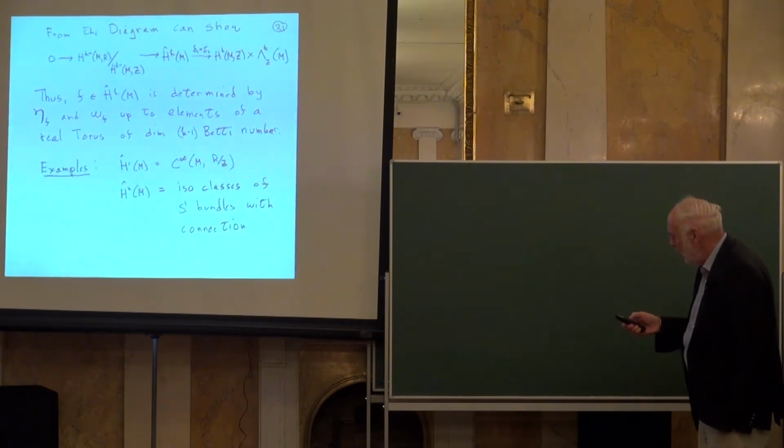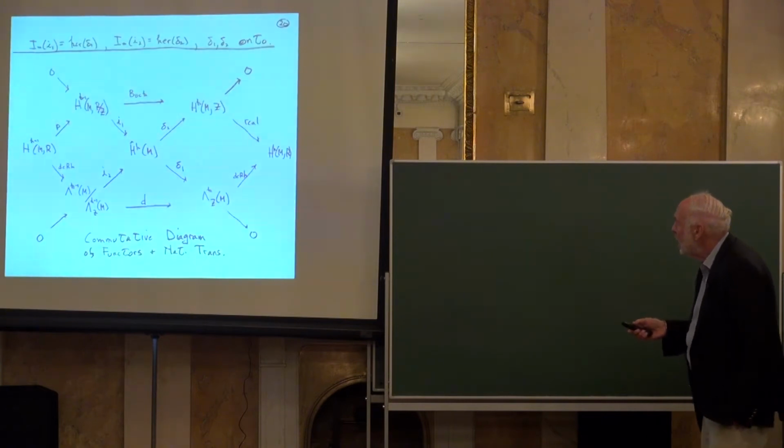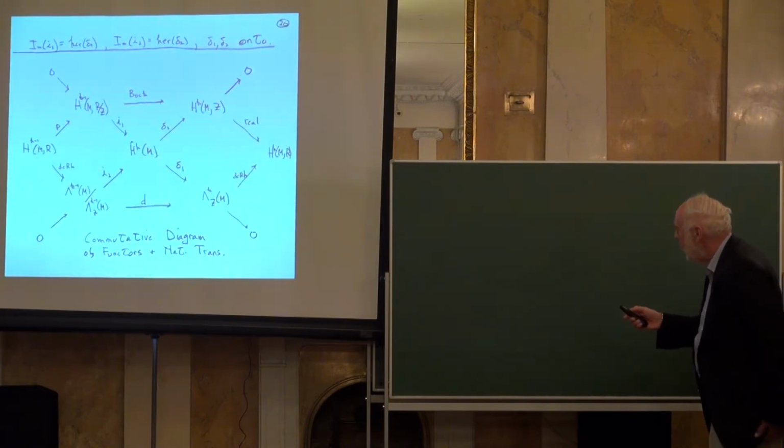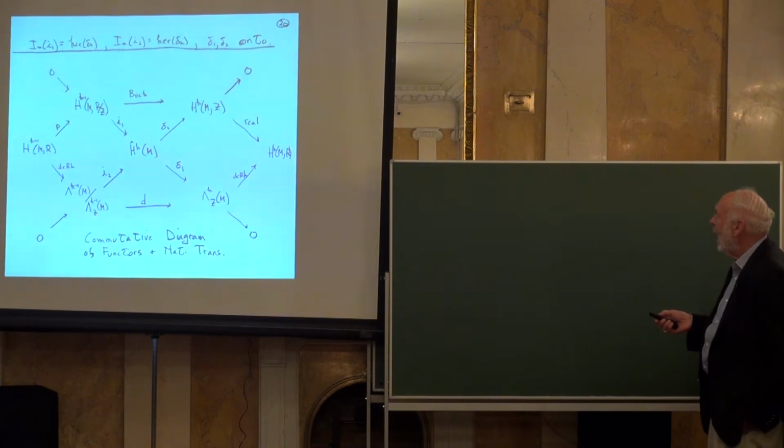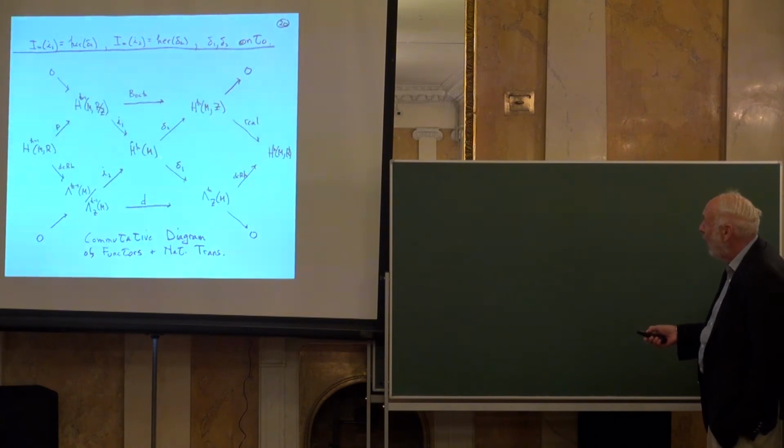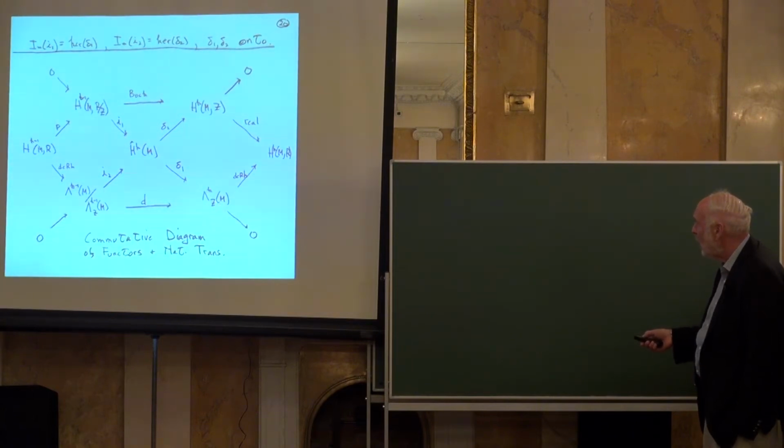So, well, here. Now here is a diagram. It's a commutative diagram with our friend H^k upper hat, I hope he's your friend by now, sitting in the middle of it. And we have delta 1, that's the map into the closed forms with integral periods, omega sub Z. We have delta 2 now.